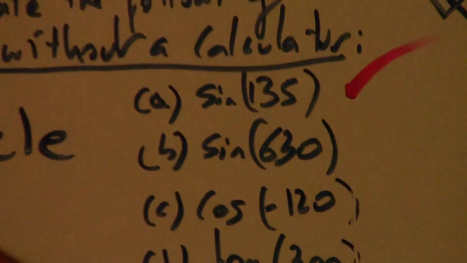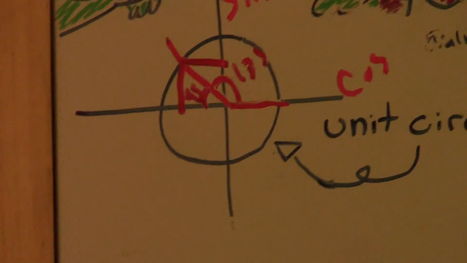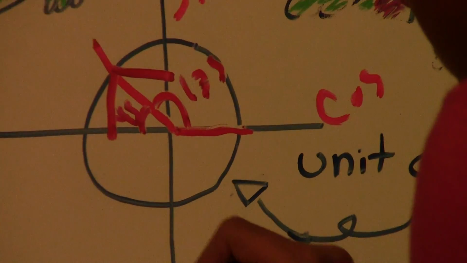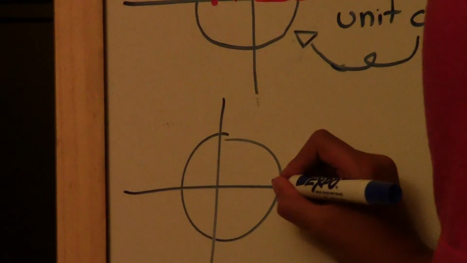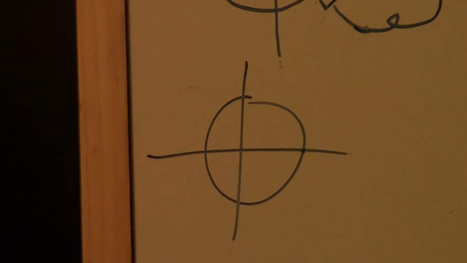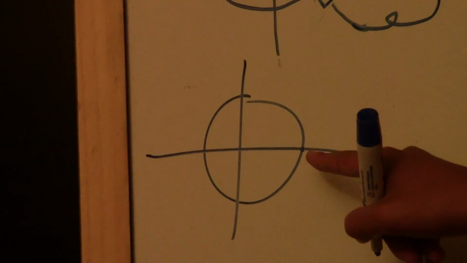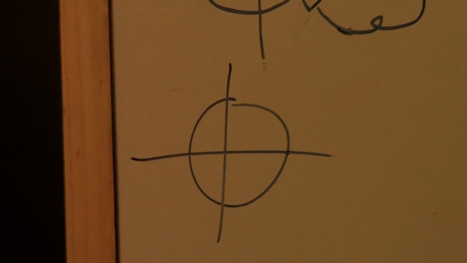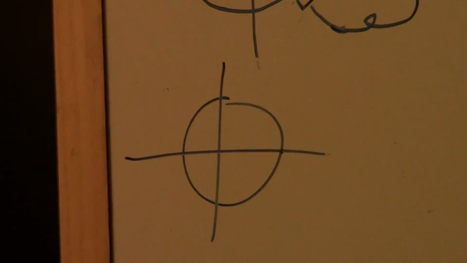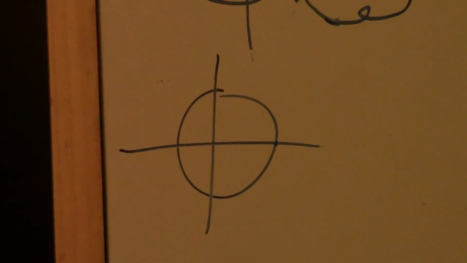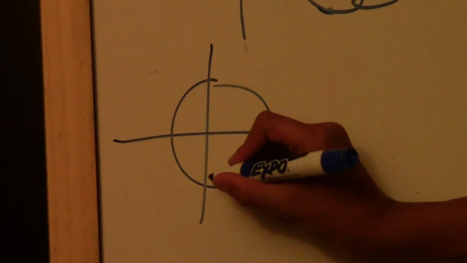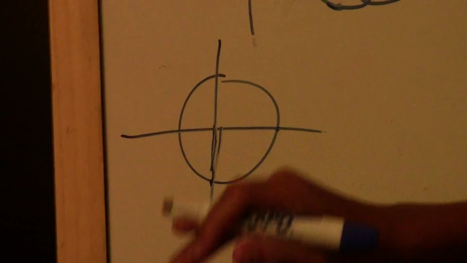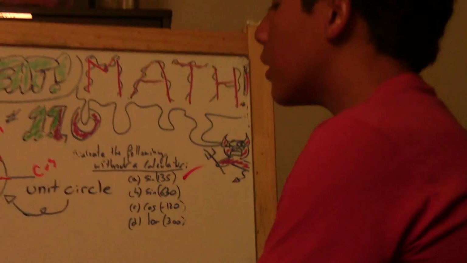Let's try another one. Sine of 630 degrees. First we look at this and have no clue what it is. So we draw our circle again. If you go all the way around, that's 360 degrees. 630 minus 360 becomes 270, which is right here. We're on an edge, which means we don't have to do too many calculations. We don't even have to make a triangle.